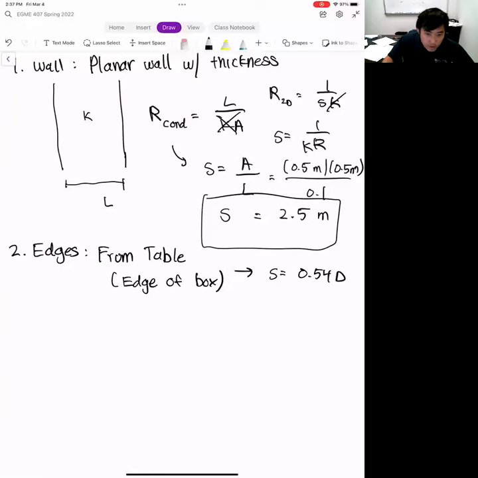And so we can go ahead and plug that in. Our side length here is 0.5 meters, and so our S is equal to 0.54 times 0.5 meters, and that gives us 0.27 meters.